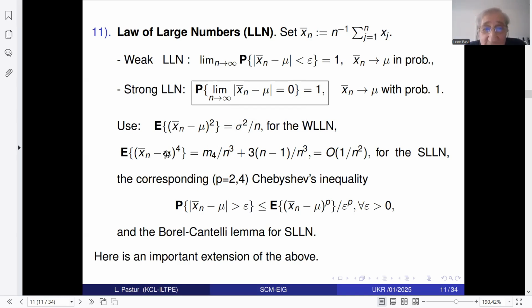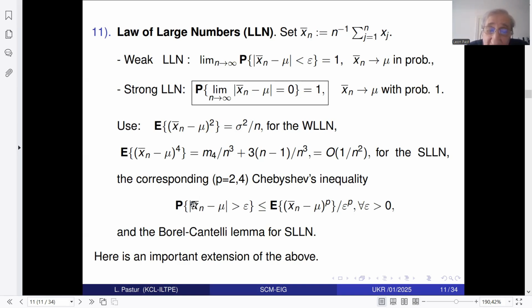But a bit more tricky, for the strong law of large numbers, you have to compute the fourth moment. And you can easily see that this moment decays as 1 over n squared, unlike here 1 over n. And you can use a very nice and simple statement of probability, called the Borel-Cantelli lemma.